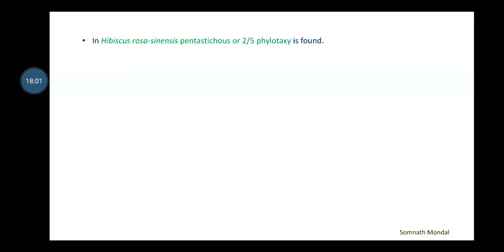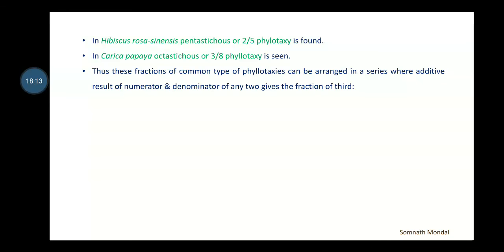So that is why 2/5 phyllotaxy in hibiscus. In Carica papaya, there is octastichous or 3/8 phyllotaxy. There are 8 orthostiches.